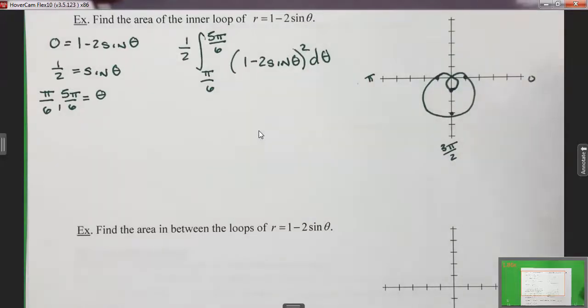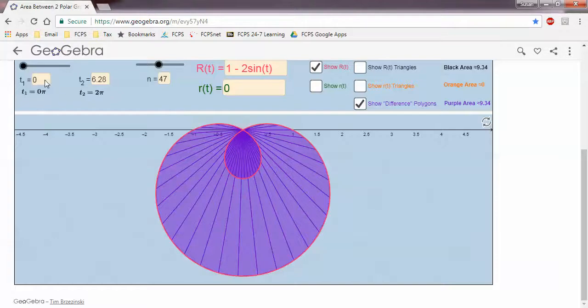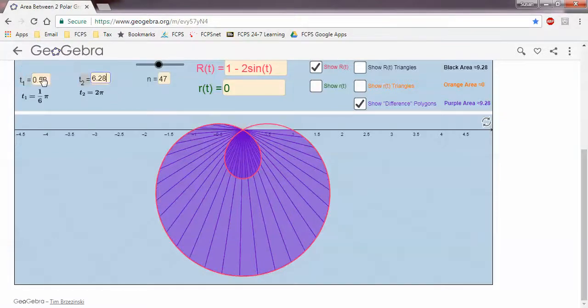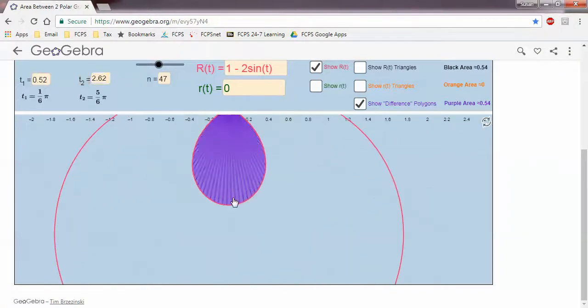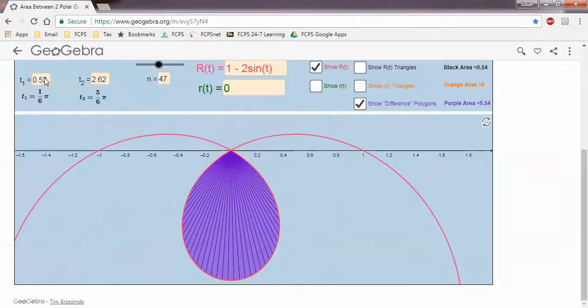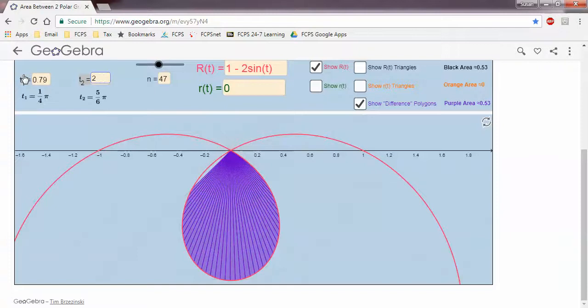Okay. So, if I go from pi over 6 to 5 pi over 6, then that gets me a perfect loop inside, right? In my fifth period yesterday, they said pi over 4 to 3 pi over 4.